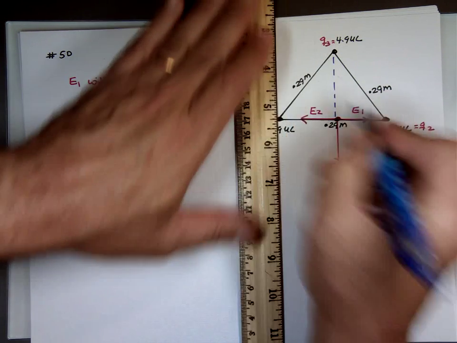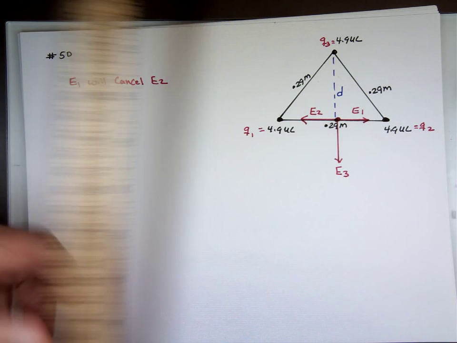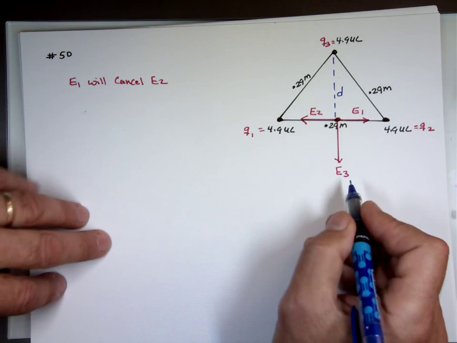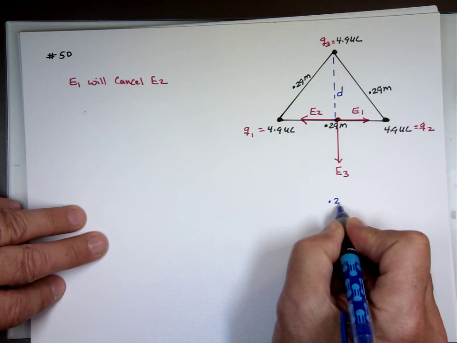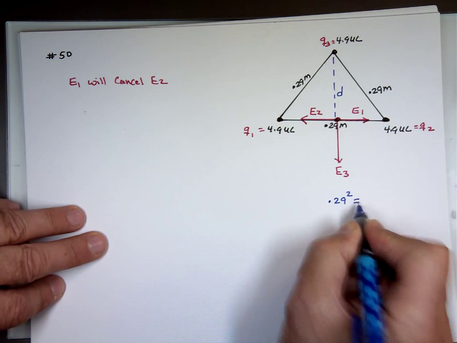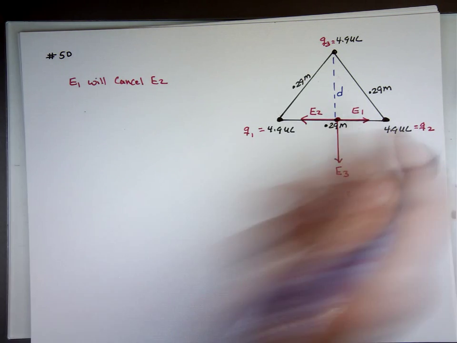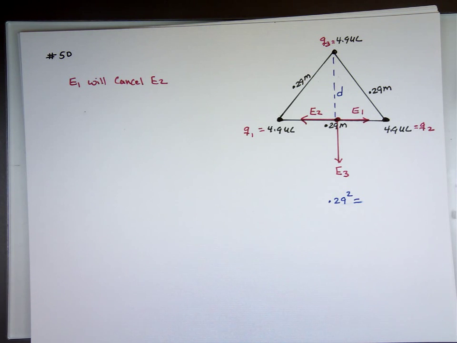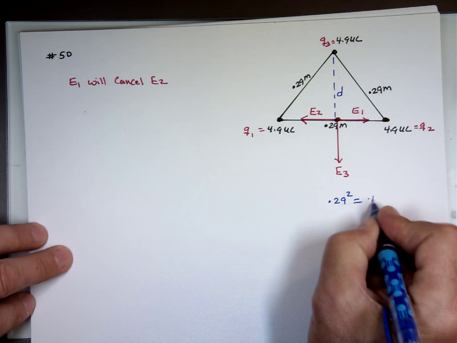I can use the Pythagorean theorem. 0.29 squared equals, this is half of 0.29. What's half of 0.29? 0.145 squared plus d squared.